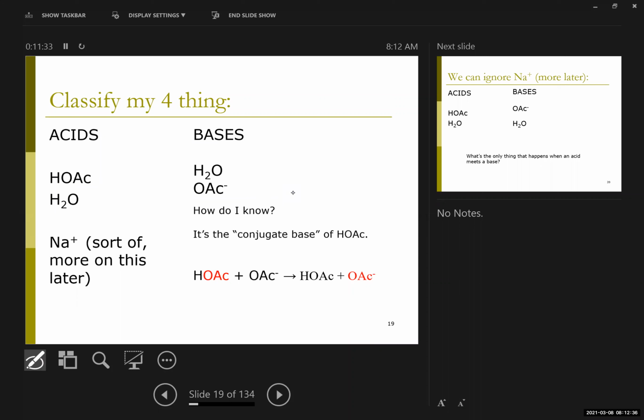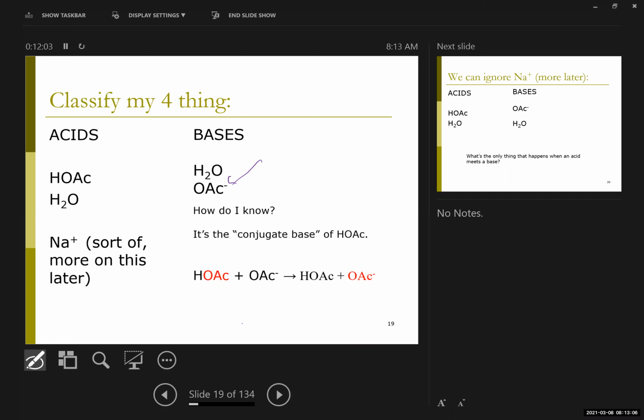And acetate is also a base. How do I know? Frankly, the easiest way to know is it's negative. Anything that's negatively charged has to be at least a little basic because, of course, it's going to naturally stick to positive protons. More specifically, we saw it just a minute ago as the conjugate base of acetic acid.